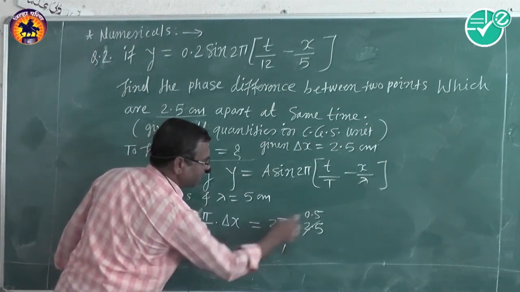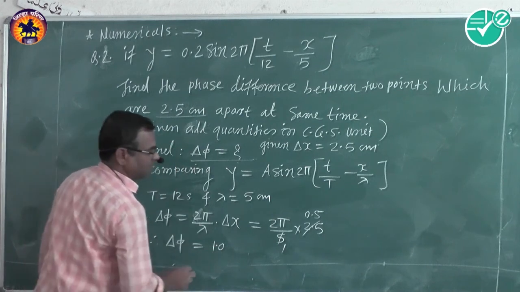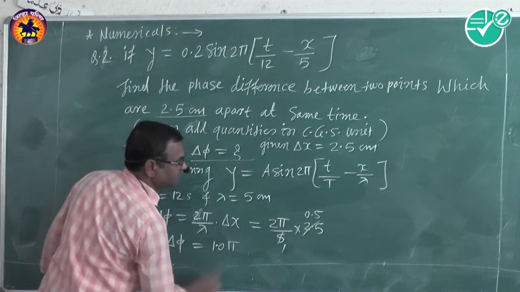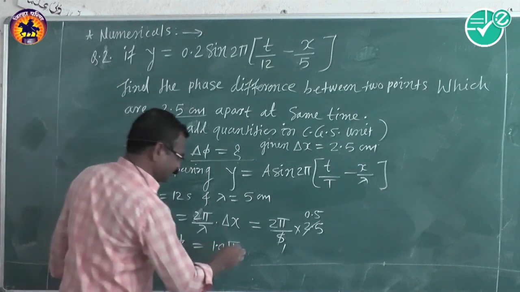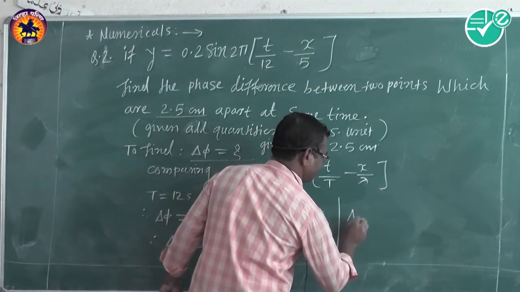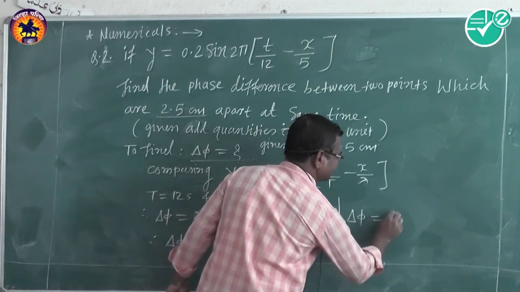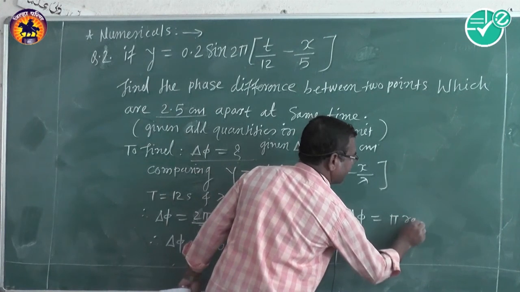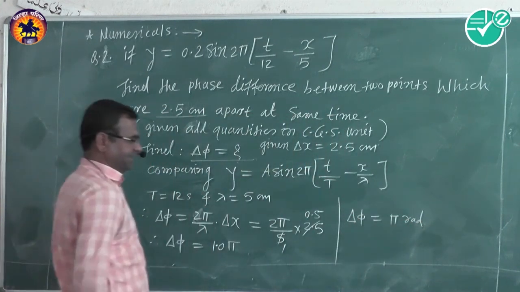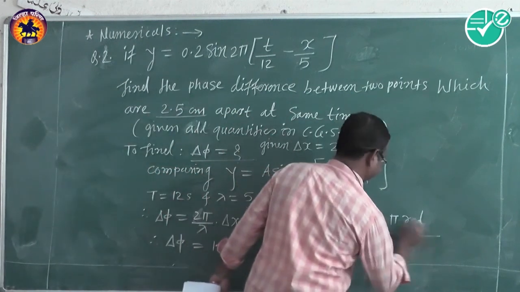2 into 0.5 is 1, that is pi. So we get the phase difference delta phi is equal to pi radian. This is the answer.